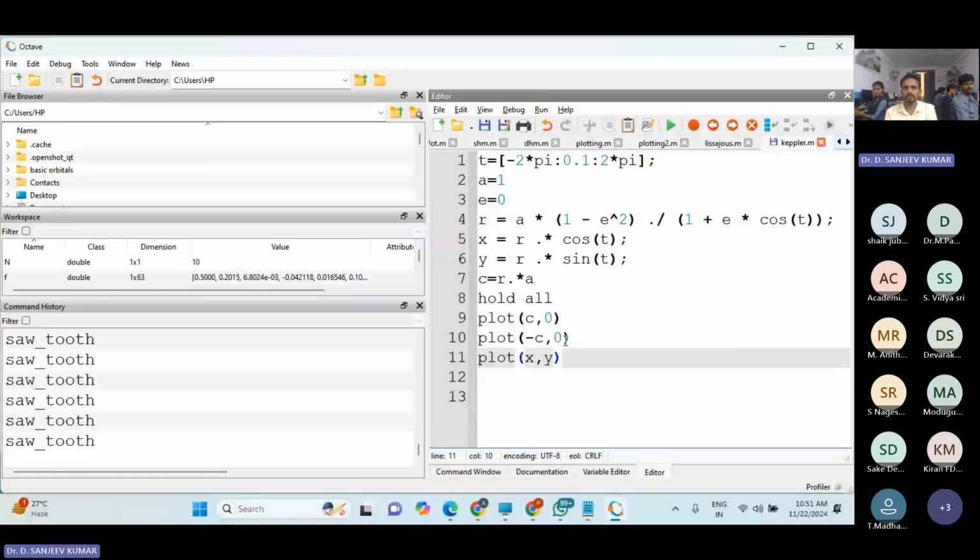X and Y calculations also, I'm using R dot star cos t. Y is R dot star sin t.